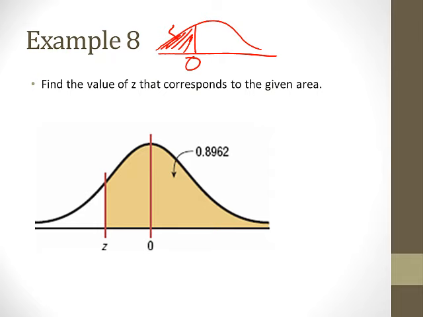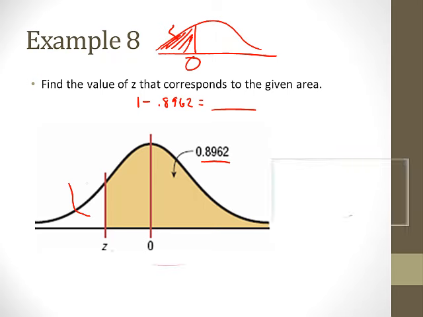Or, how do we find out this area? If I put this area in, I can just put that area in, and I'll get the correct z-score. Well, if this area is 0.8962, what's the total area under the curve? It's 1, right? That was one of our first properties we looked at. So I can just do 1 minus 0.8962, and then put whatever I get there into the inverse norm.